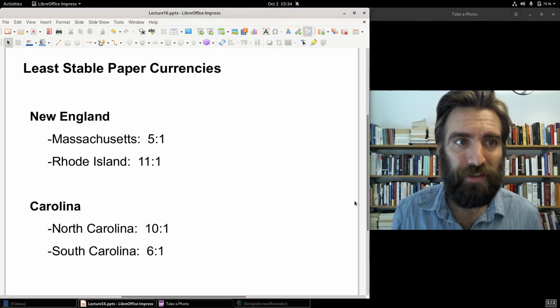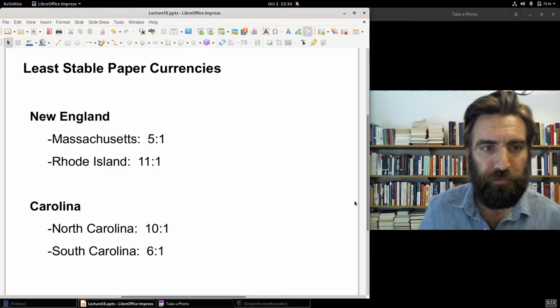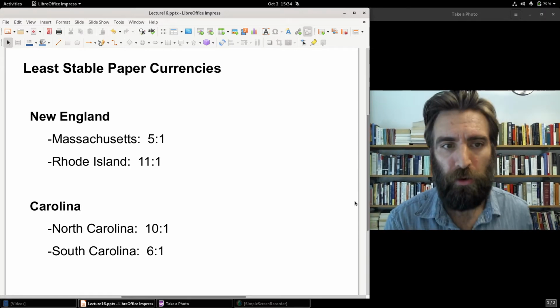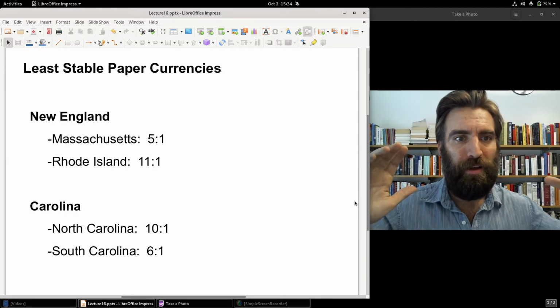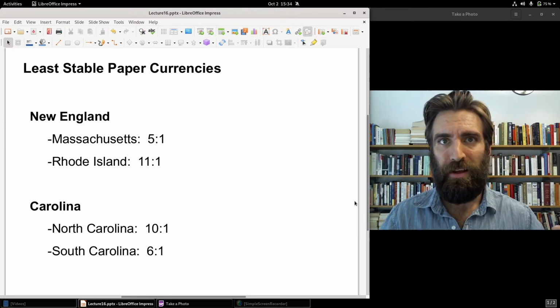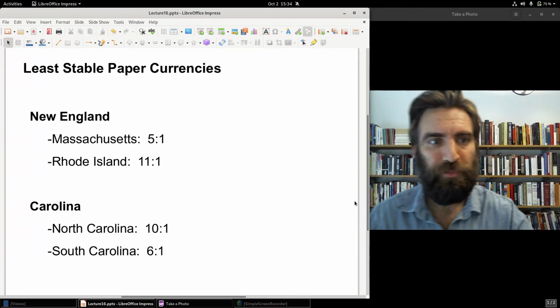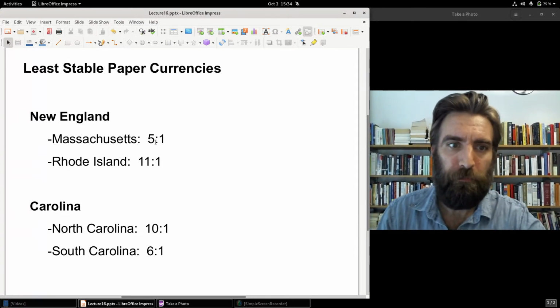The least stable paper currencies were in New England and in Carolina. What I have here is the ratio between the paper note and coin. For Massachusetts, I have 5-1.